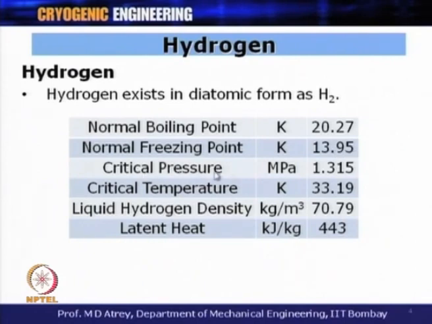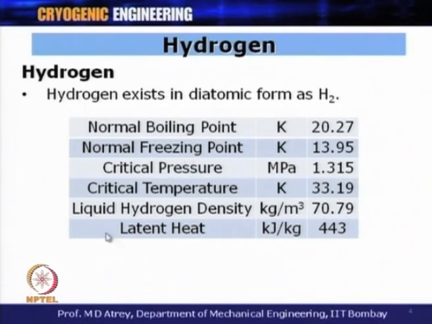It has a critical pressure of 1.315 MPa or around 13 bar. It has a critical temperature of 33 Kelvin, 33.19 Kelvin to be exact. Now, it has a density of 70.79 kg per meter cube, and the latent heat is 443 kilojoule per kg when it gets converted from gas to liquid or from liquid to gas.